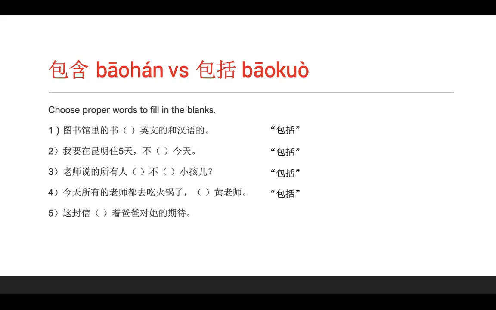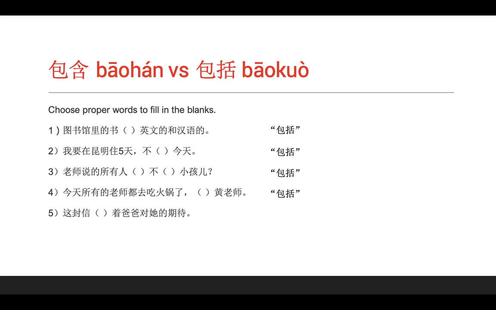And here, as you may already notice, this is using the second usage of 包括. It means maybe before, 黄老师 didn't like to eat hot pot, but today every teacher wants to eat hot pot, including 黄老师, even teacher Huang went to the hot pot as well. So here we are going to use 包括 because 黄老师 belongs to the group of 所有的老师.